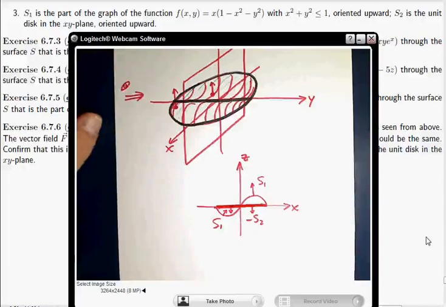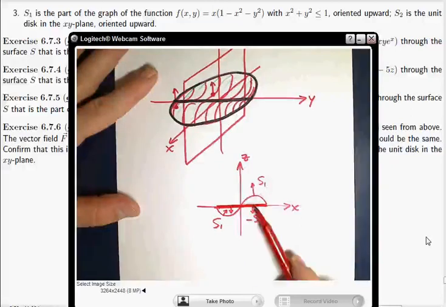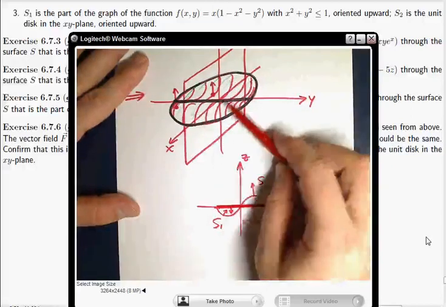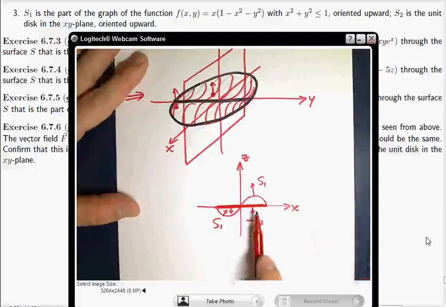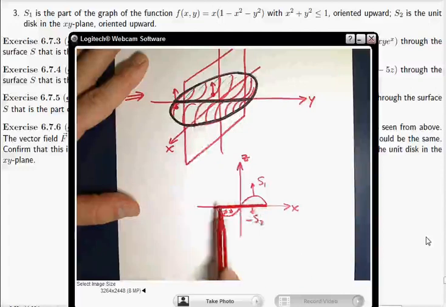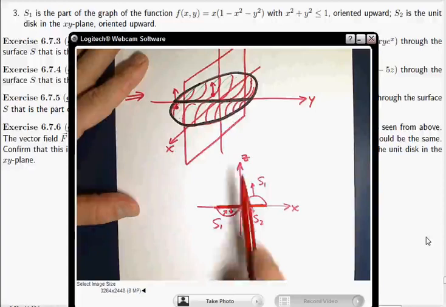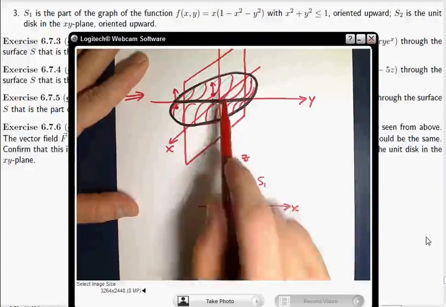All right, does that make sense? So we've got this downward oriented unit disk, that's the green here, and we've got this upward oriented weird surface that's kind of a little mountain there, and this little upward-oriented depression, little valley down there.